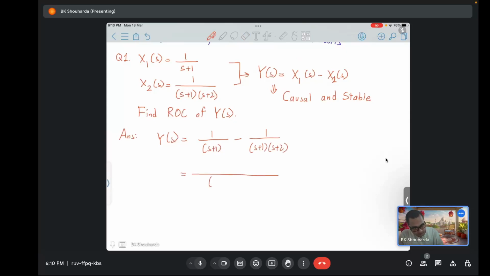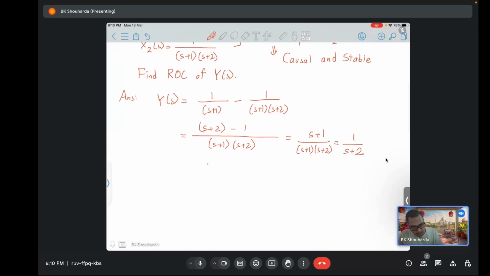Simplifying it, we have s plus 2 in the numerator minus 1. This boils down to (s plus 1) upon (s plus 1)(s plus 2), and it gets simplified to 1 upon s plus 2. So let us draw the pole-zero plot. You see we have only a single pole, that is s equal to minus 2.